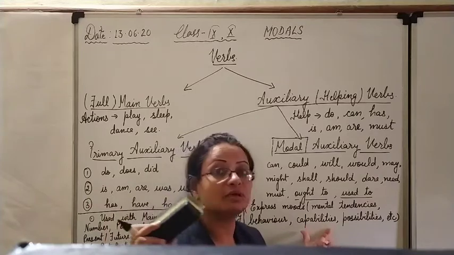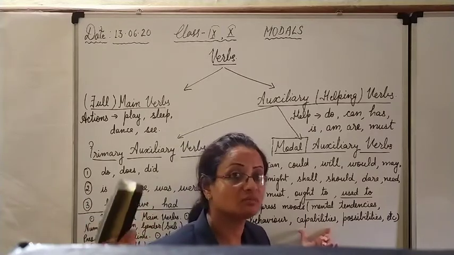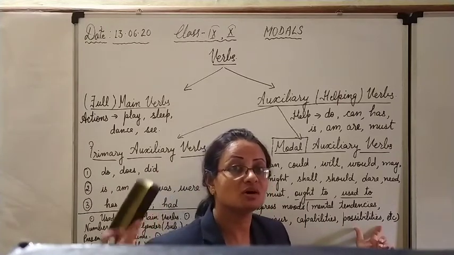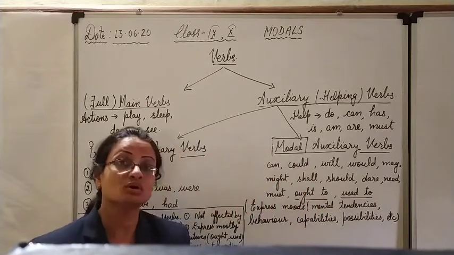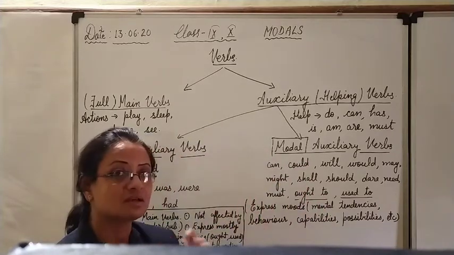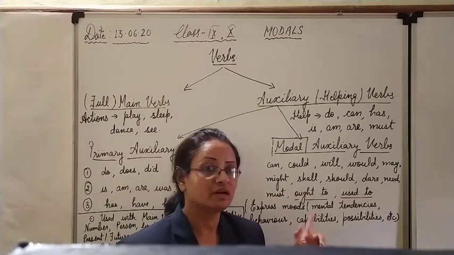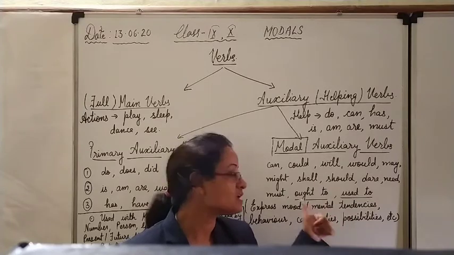They come with the main verbs and show the capability or capacity of a person to do something, and the possibilities of some events to occur. They express all these things: moods, behavior, capabilities, possibilities, mental efficiency or tendency. That's why they are known as modals.